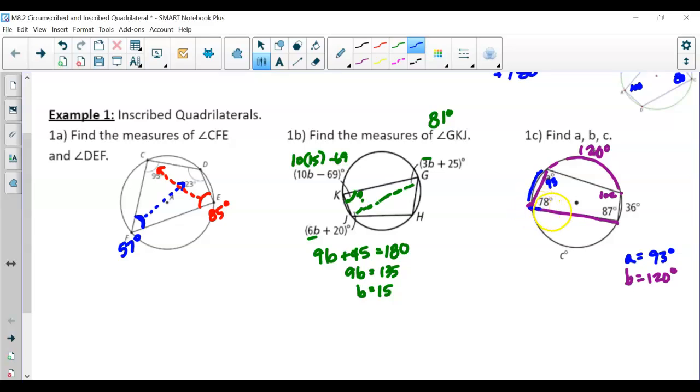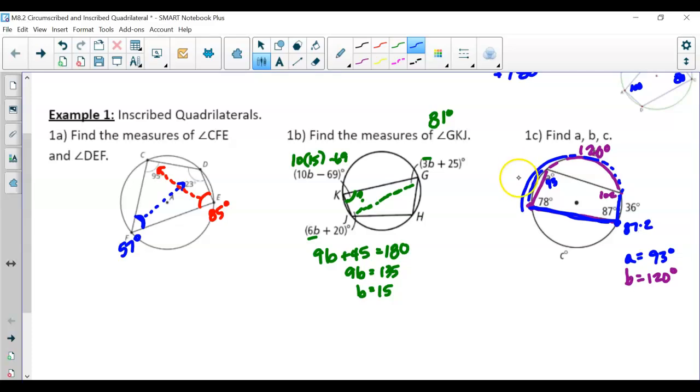Here it is creating now part of the 87 degrees, the inscribed angle. But the 87 degrees is creating this entire arc, including the 120. So again, what do we do with inscribed angles? We double it. So 87 times 2 is 174.